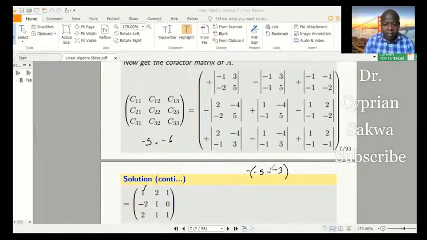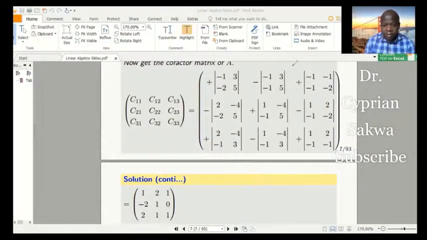So this becomes positive. So this is -2 times negative, which is +2. What about this? This will be 2 -1. The sign here is positive, so it's 1. So we do that for all the elements, and that becomes the cofactor matrix.